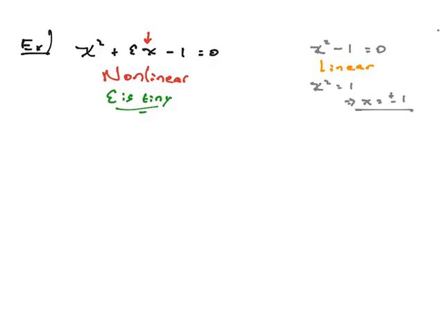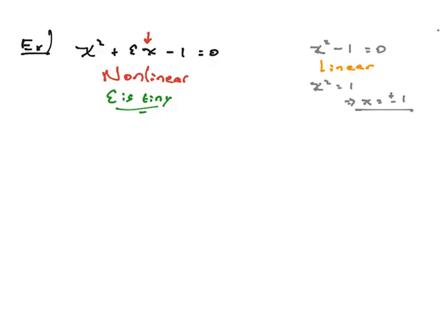But since it's a small piece relative to the system as a whole, I know the answer to this black one is going to be the answer to the gray one plus or minus some little bit. And then it'll be my job to figure out what that little bit is. Okay? That's what perturbation is going to be, and we're about to see how to do it.